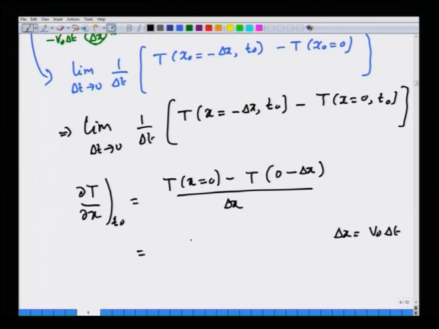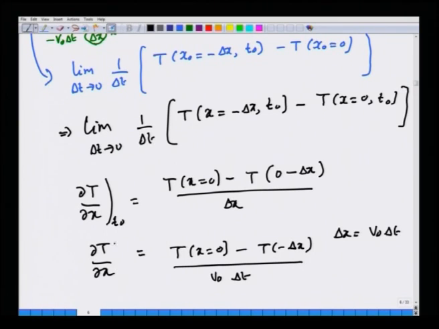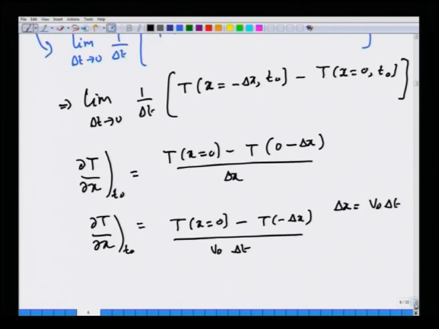So instead of delta x I can write v 0 delta t here. So, T at x equal to 0 minus T at minus delta x divided by v 0 delta t, this is partial T partial x at constant time.